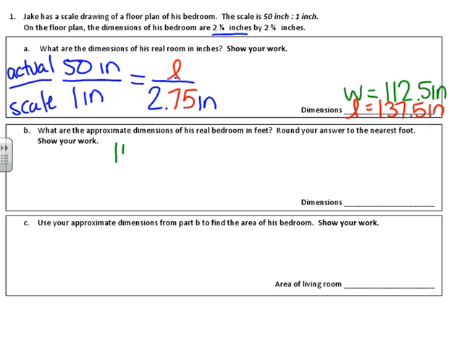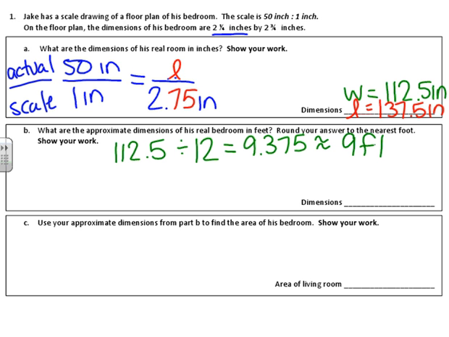Okay, part B, I just need to take those measurements and convert them into feet. So to do that, you just need to divide by 12 since there are 12 inches in 1 foot. So 112.5 divided by 12 is going to give 9.375. It does say that we can round to the nearest foot, so I'm going to round that to 9 feet. And that's the length.